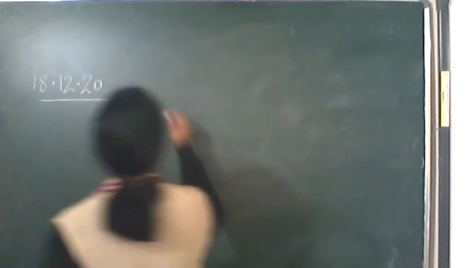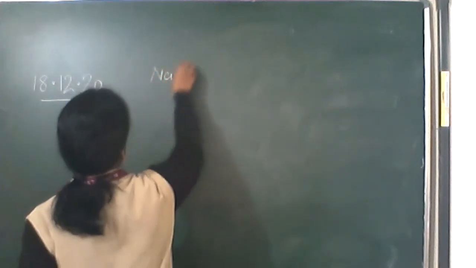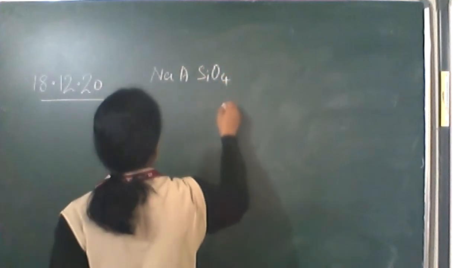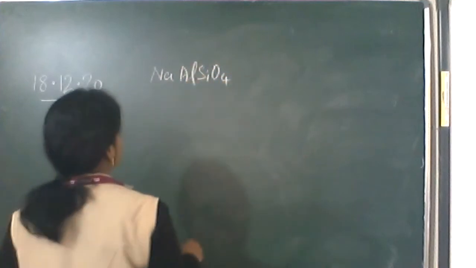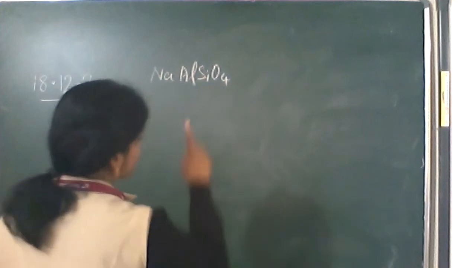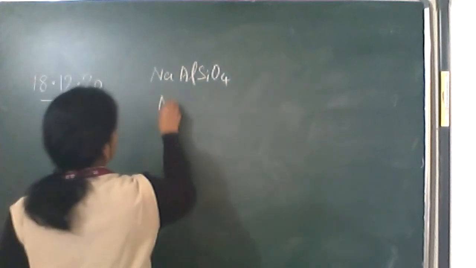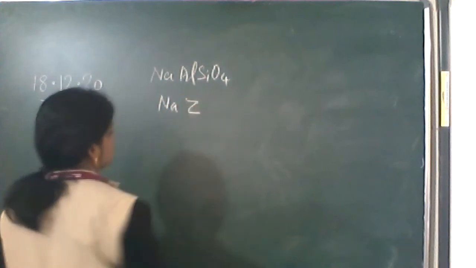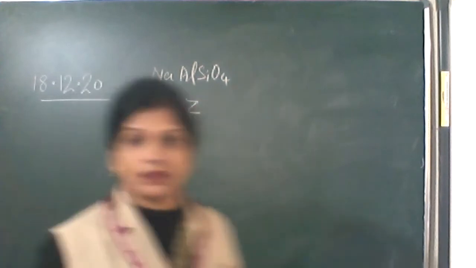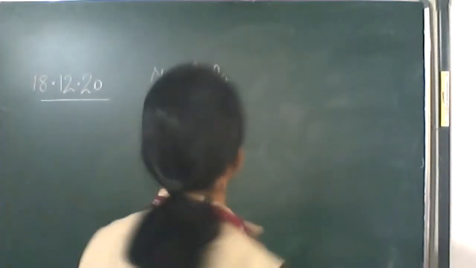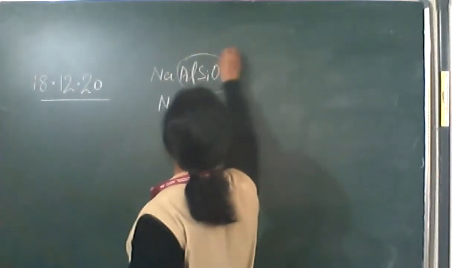Sodium aluminosilicate means SiO4 4 minus, with 3 plus and 1 plus. You can abbreviate it as NaZ.